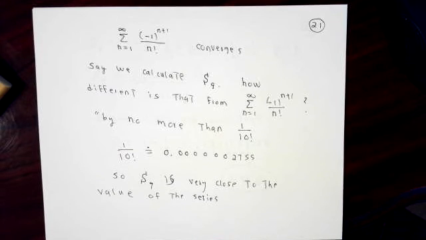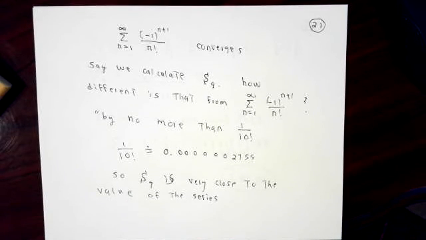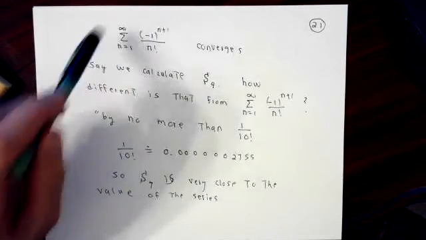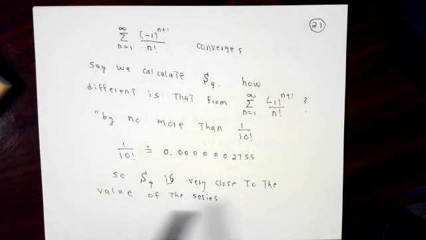The answer is by no more than a number 10, a being 1 over n factorial, no more than 1 over 10 factorial. Partial sum number 9 for this series is very close to the true value of the infinite series. And again, I haven't worked the partial sum out because I'll do one of those in a moment.